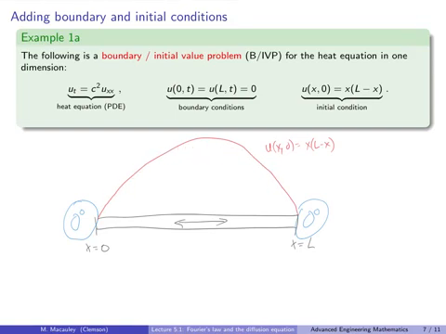Now what's going to happen over time? Just think about this intuitively. We've got this bar that's hot in the middle, cool toward the outsides, and it's uninsulated at the endpoints. So a few minutes later, the temperature is going to look like that. It's going to be diffusing.